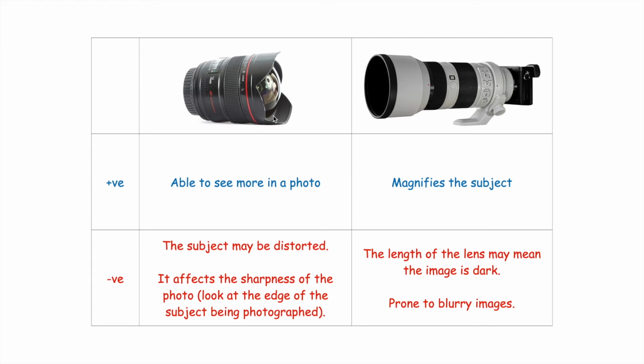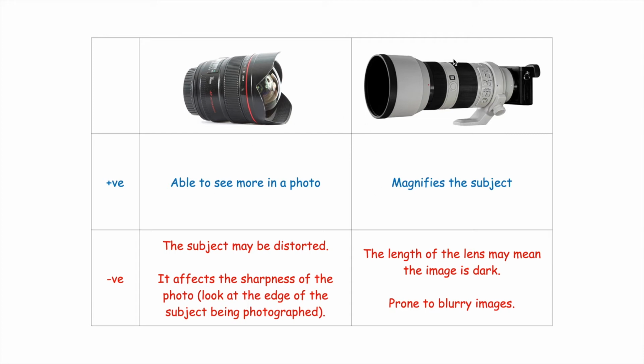Okay, it also may affect the sharpness of the photo. So when, say, you were taking a photo of something that you knew had particularly defined edges, such as a building, if you haven't used the correct lens, you may see that it's not as sharp around the edges. Okay, it may be a little bit more blurry.